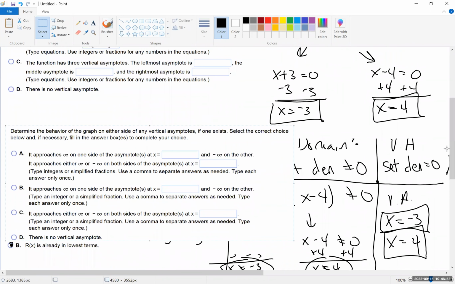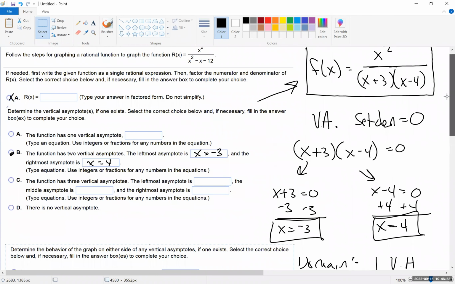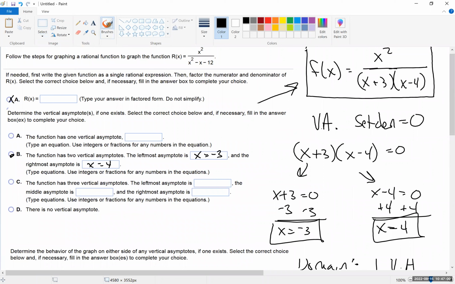Determine the behavior of the graph on either side of the vertical asymptote. So just like we were talking about the intercepts, the same thing applies. So at x equals negative 3, the multiplicity of this, if we were to talk about it in terms of a polynomial, the multiplicity of the exponent is 1. So this one is an odd number.